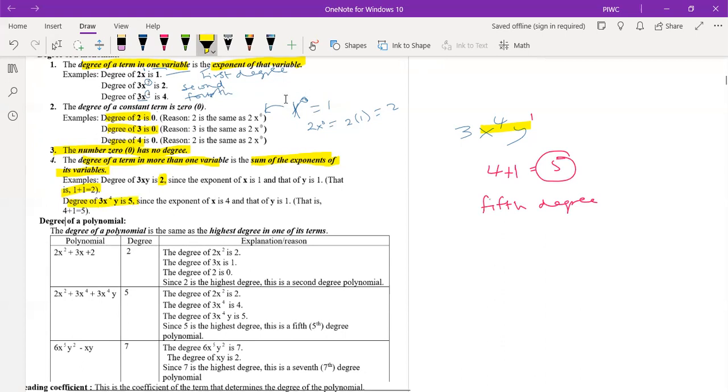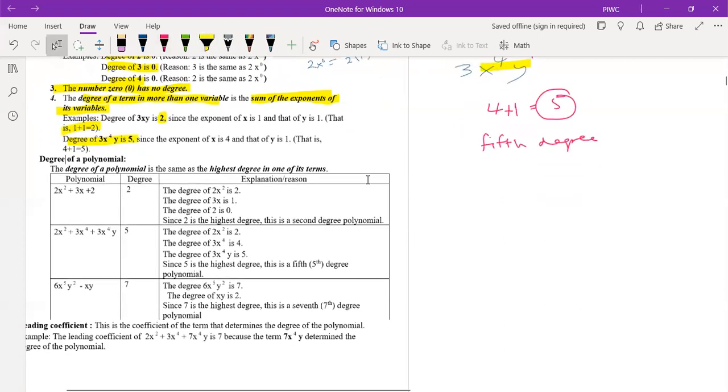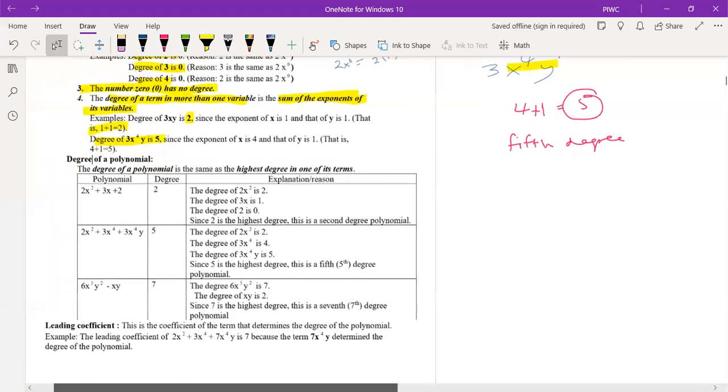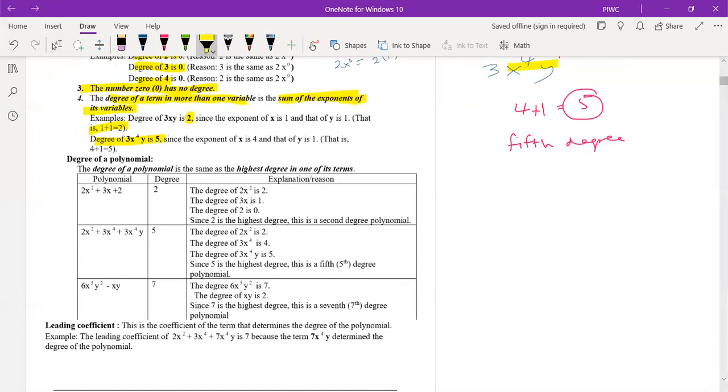Okay. Now with that knowledge, we should be able to determine the degree of an entire polynomial that's given to us. Okay, let's try that here. The degree of a polynomial is the same as the highest degree of one of its terms, the highest degree among the terms.